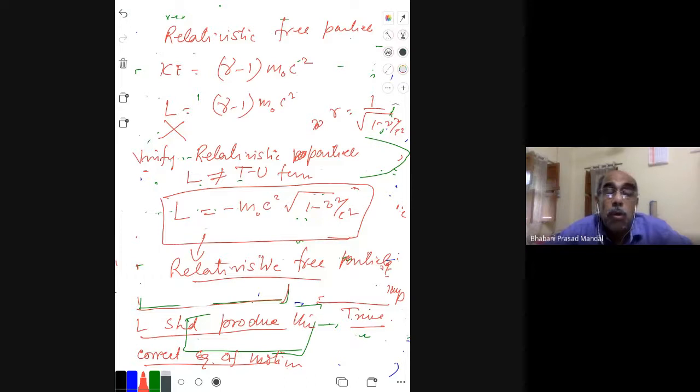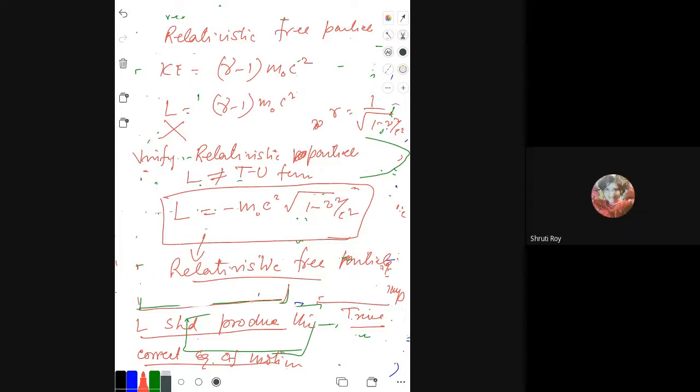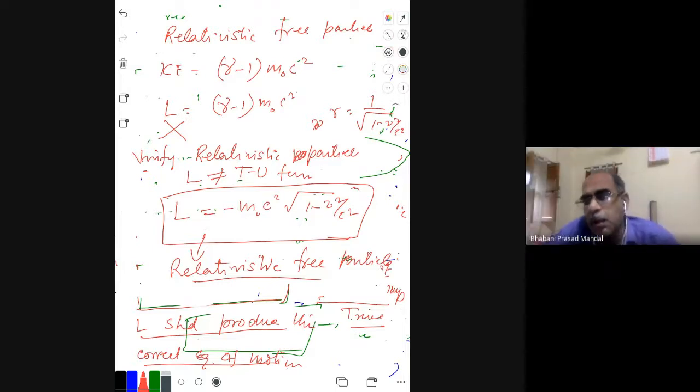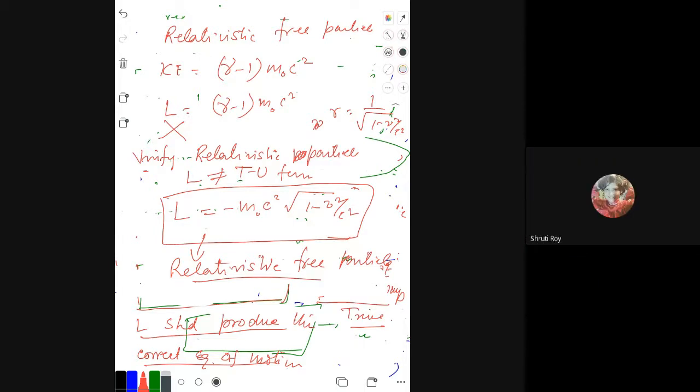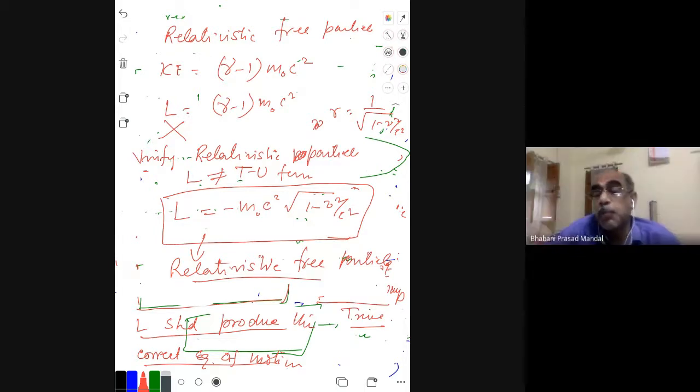Sir, which book have you referred for this part? For this part, Landau-Lifshitz Mechanics. But some other books also you can get.